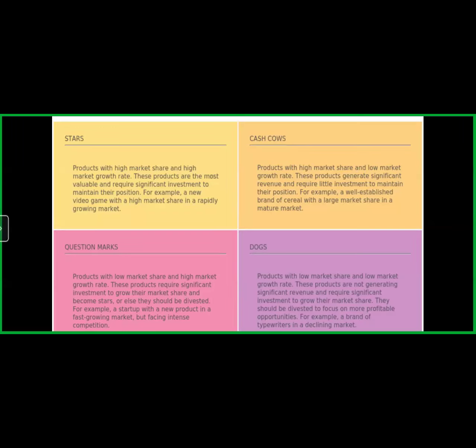Here these products generate significant revenue, as we just discussed, because the product enjoys a great market share in that particular sector of petrol or diesel automobiles, but it requires little investment to maintain its position.